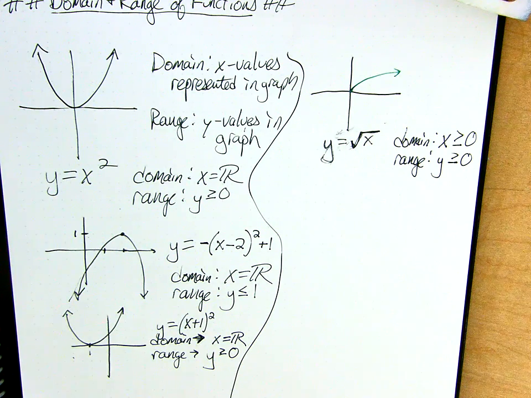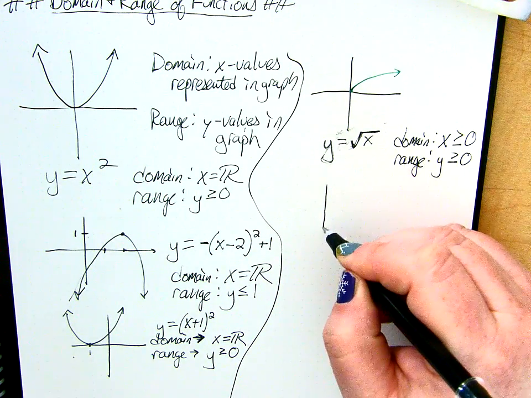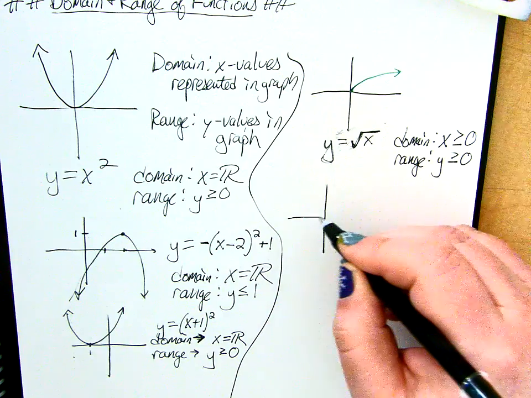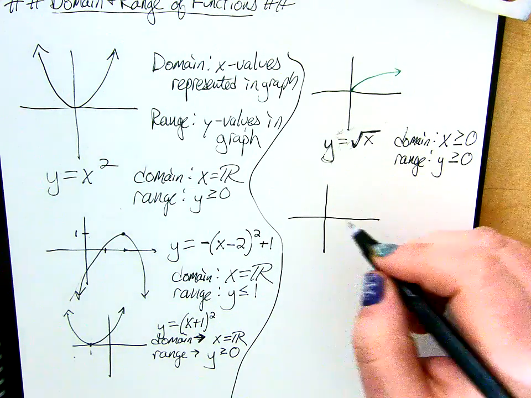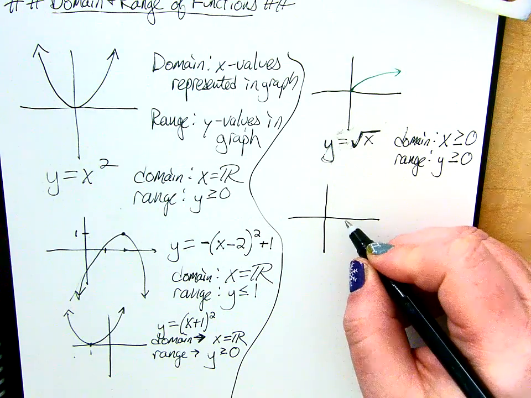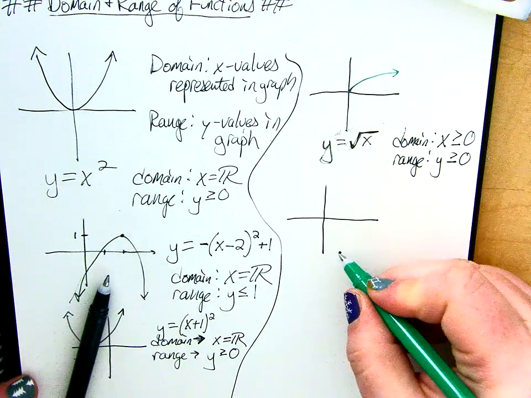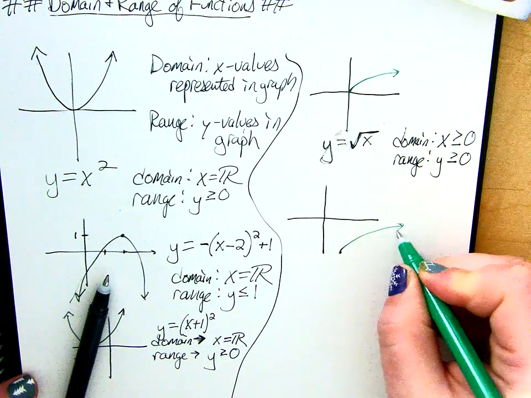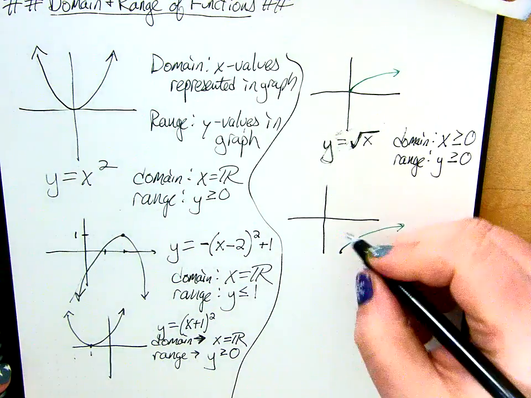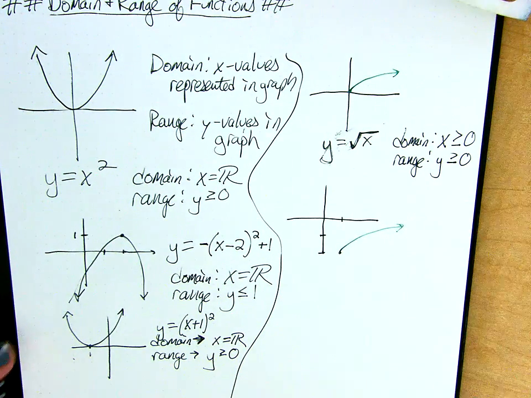Okay? Let's try moving this square root around a little bit. So let's try another square root graph. Let's put it here. So I have taken this square root function, I moved it to the right one and down 2.